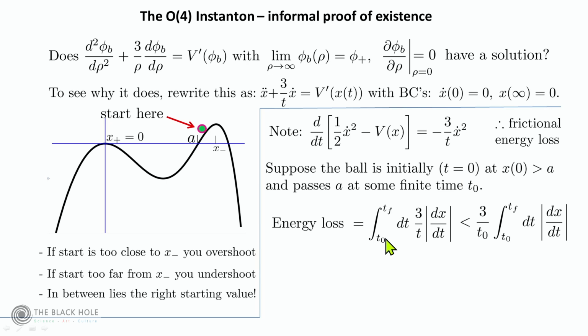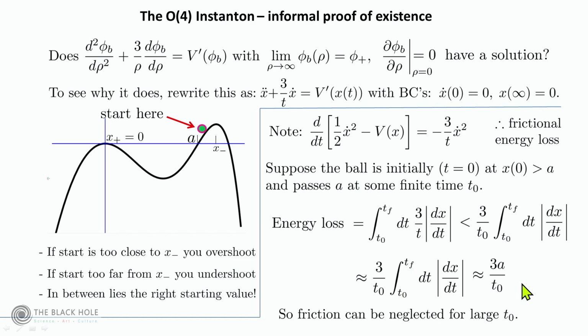Now look at this integral. t is always bigger than t naught and less than tf, which means that this integral is less than 3 over t naught. We can take this t outside, and we have this integral over here, dt dx by dt. Forget the absolute value over here, just keep it there for a while, t naught to tf.